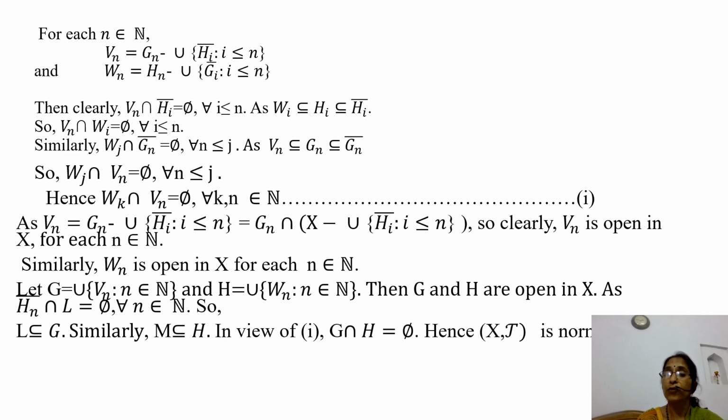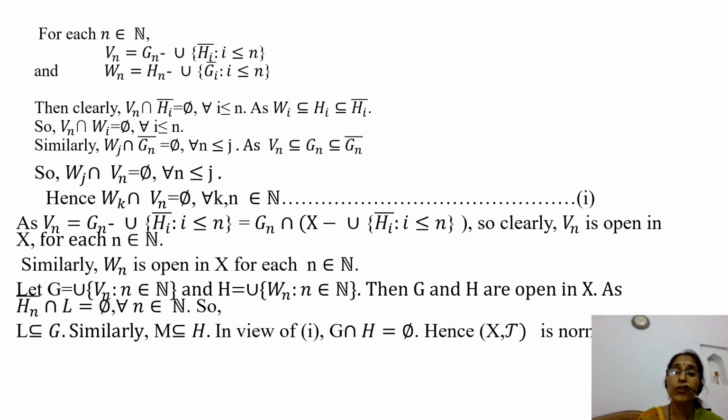And we know that finite union of closed sets is a closed set and its complement is open, and so Vn is intersection of two open sets, and so Vn is an open set for each n in the set of natural numbers N. Similarly, we can show that Wn is an open set for each n belongs to N.